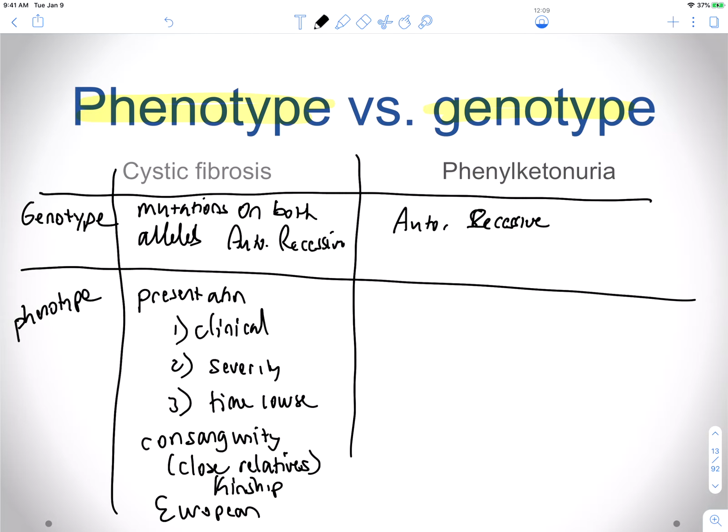And then phenylketonuria is going to be where you have the same mutation does not equal the same disease. With phenylketonuria, you have something called modifiers, and these are genes that affect the expression of other genes.